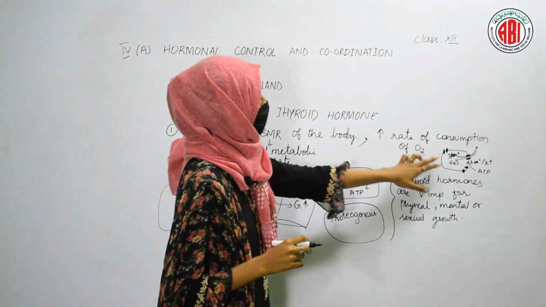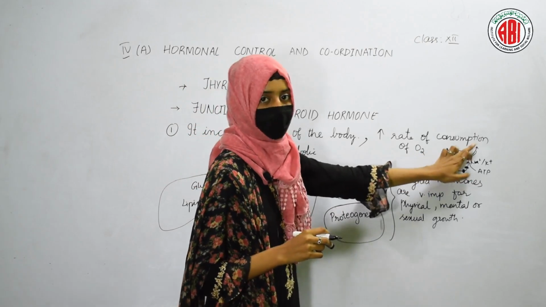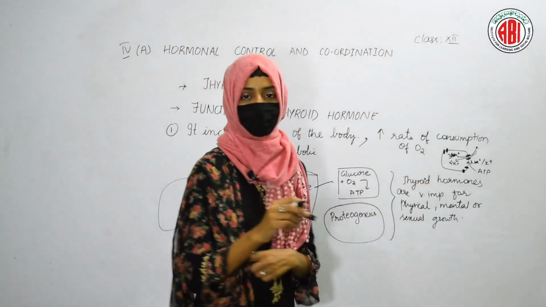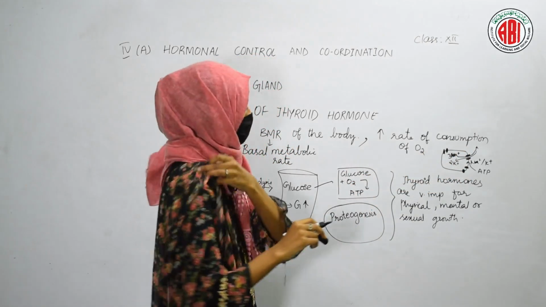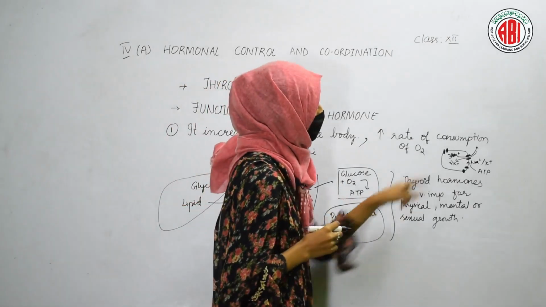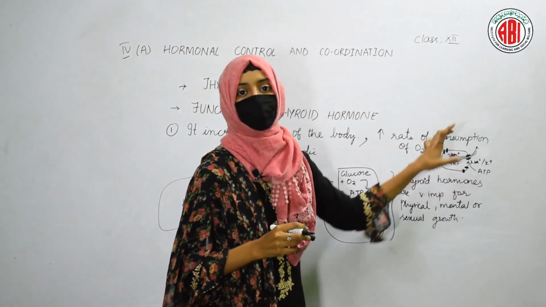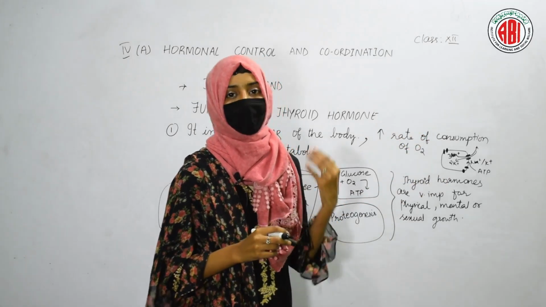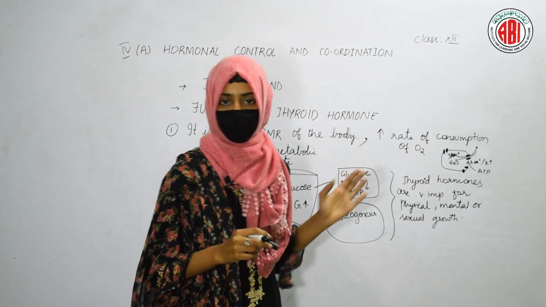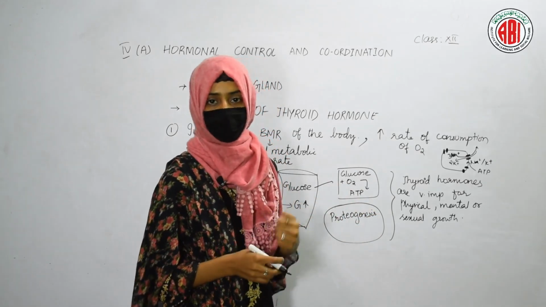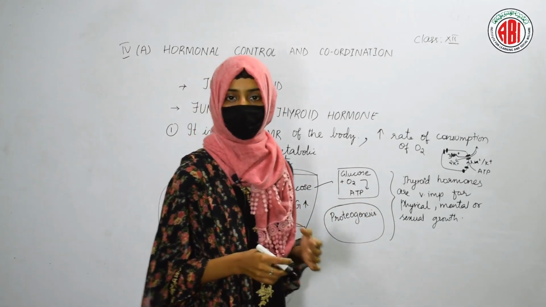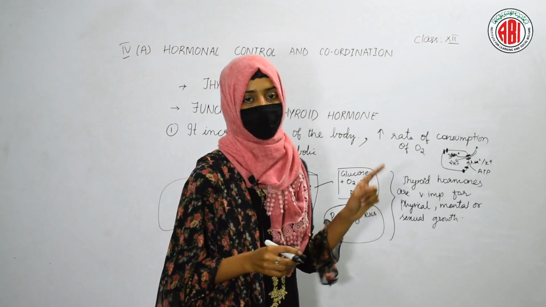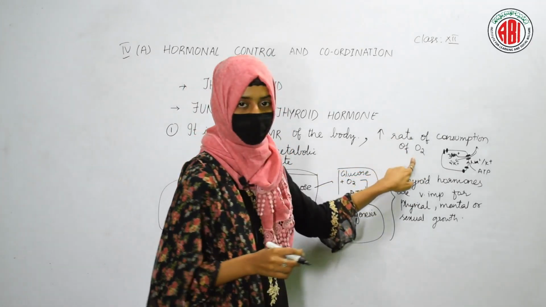So whenever the 3 sodium ions move out, simultaneously 2 potassium ions enter into the cell by the utilization of ATP. So whenever the sodium pump has to do this function, they need energy, they need ATP, and we all know that ATP can be produced by the consumption of oxygen.